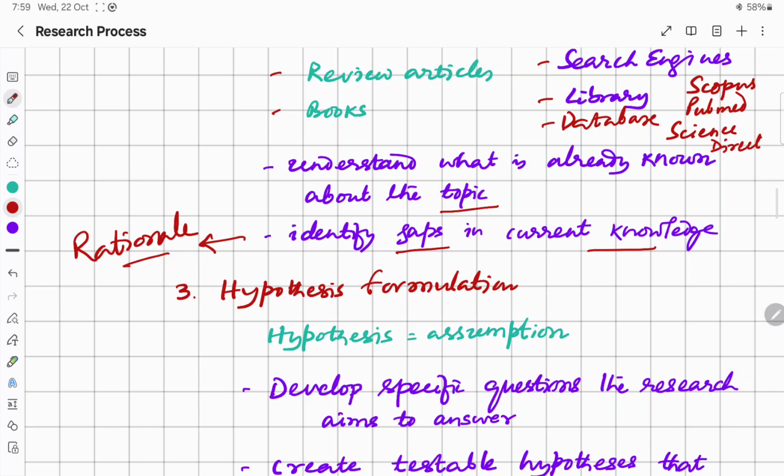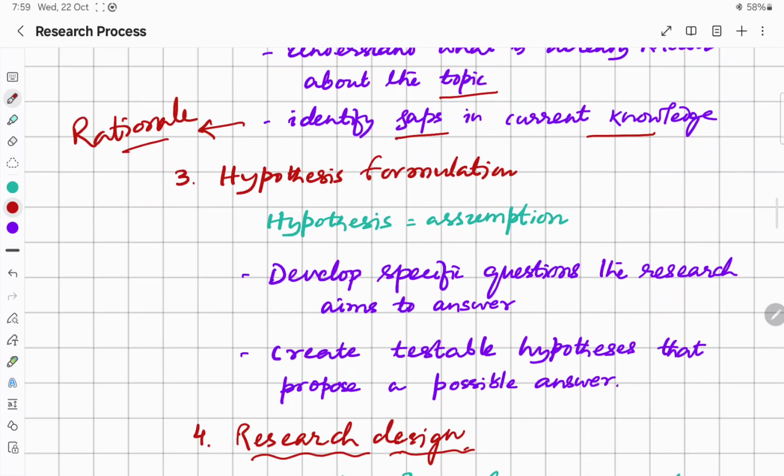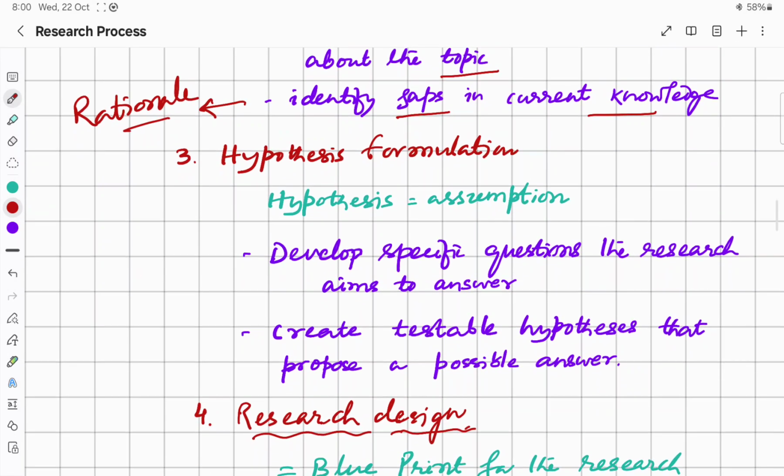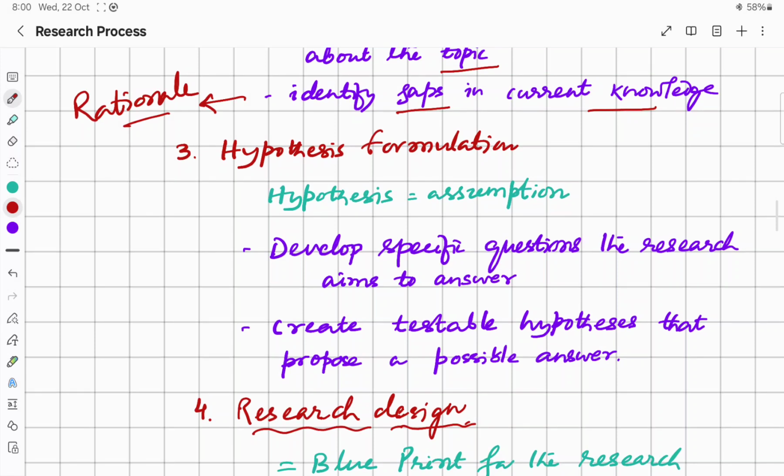So the third step will be the hypothesis formulation. So we have identified the problem, we have defined the problem, then we have identified the gaps, we know the rationale of our study, then from the literature survey, we need to formulate the hypothesis. So hypothesis is nothing but the assumption. What is that?